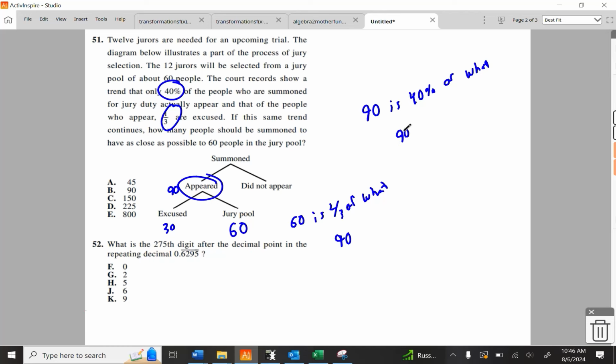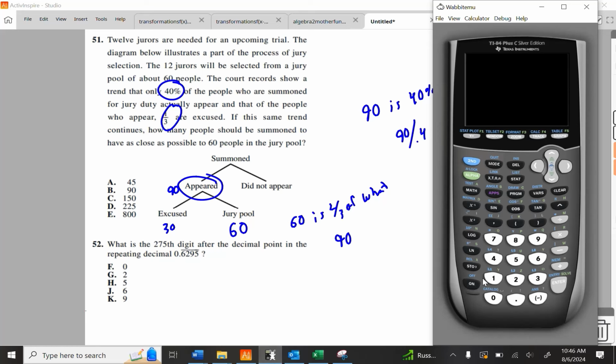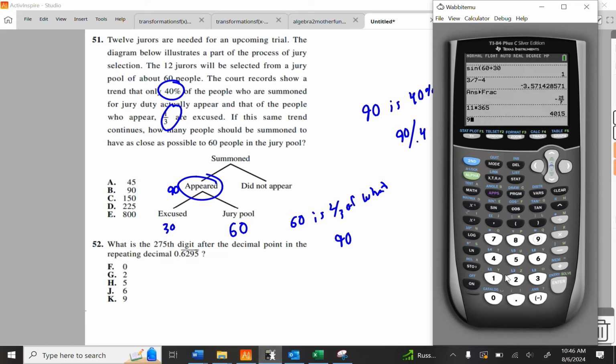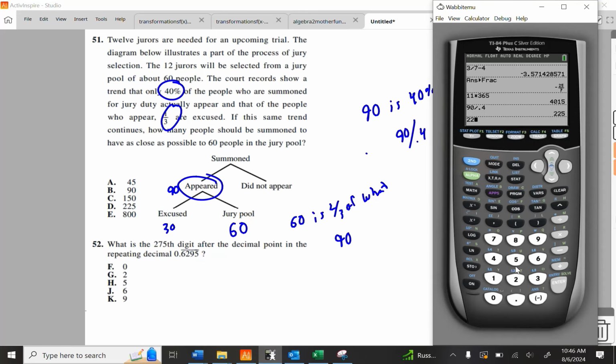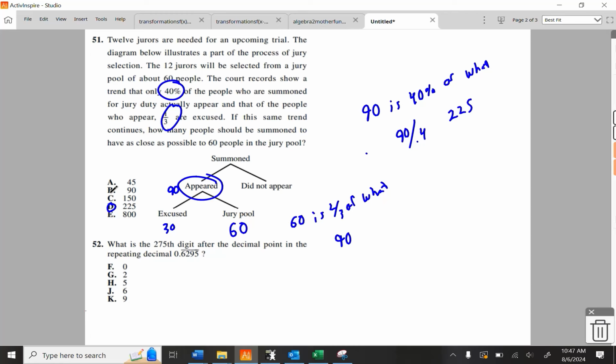What you can do is take 90 and divide it by 0.4, and that'll tell you what it is. 225. And sure enough, if we take 225 and multiply it by 0.4, we get 90. It might make a lot of sense for kids on the ACT to start with answer choices and work their way down. For me, though, it was just quicker to work my way up, 225.